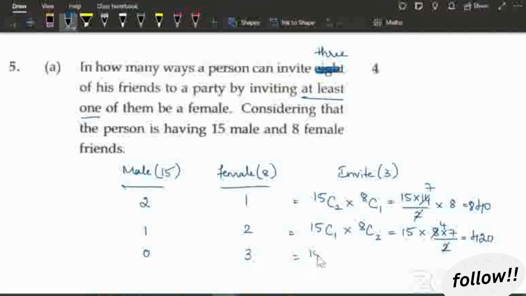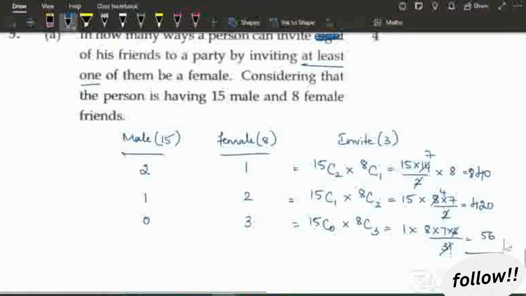Here 15C0 is 1 and then we have 8C3. So 1 into 8C3 is 8 into 7 into 6 divided by 3 factorial. 3 factorial and 6 get cancelled. You get 56. And the answer is 840 plus 420 plus 56, which is 1316.